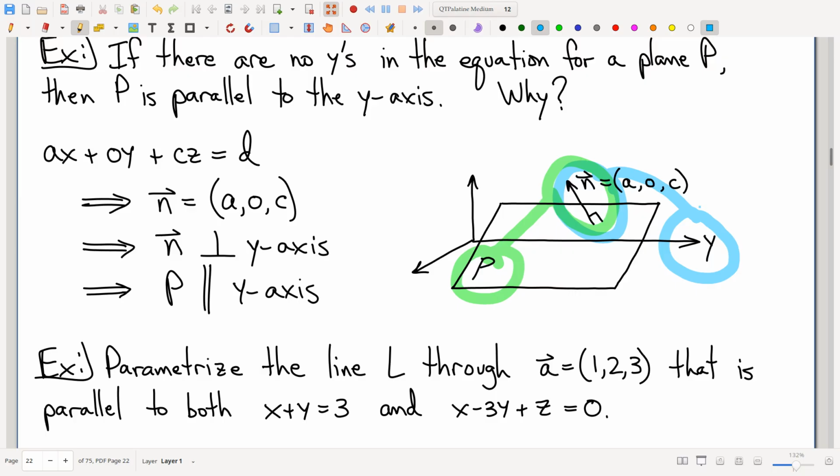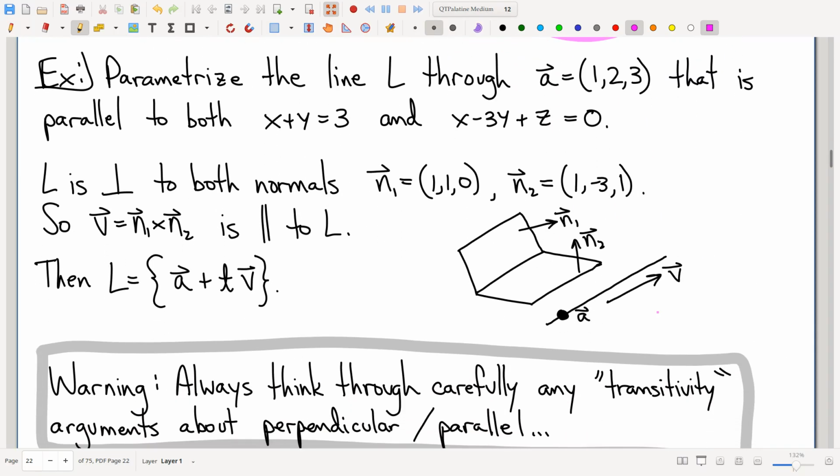Put them together, and I get a relationship between the plane and the y-axis. And this is what I like to call a transitivity. It's just a word, right? But when you connect two arguments into a single thing, sometimes that's called a transitivity. So there's a transitivity there. And then likewise, down here, there was a transitivity.